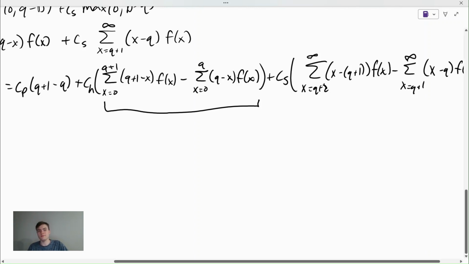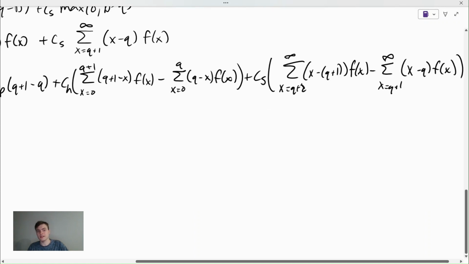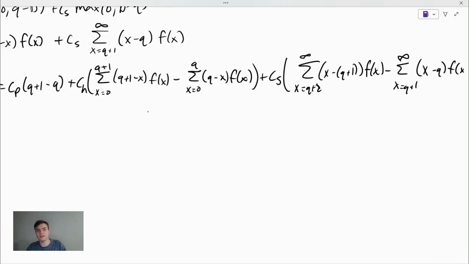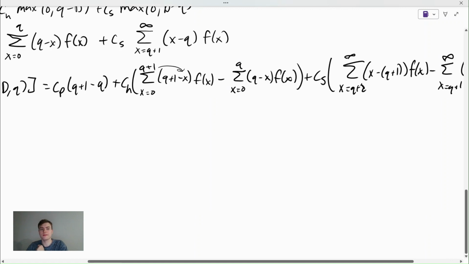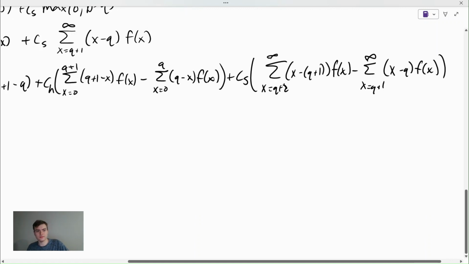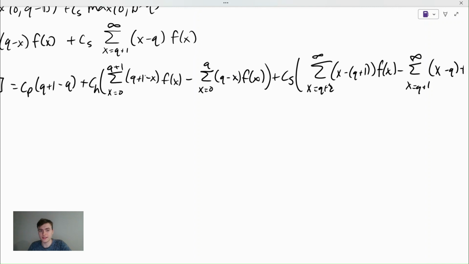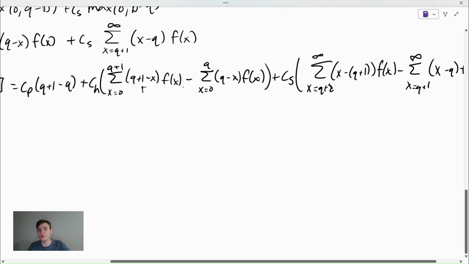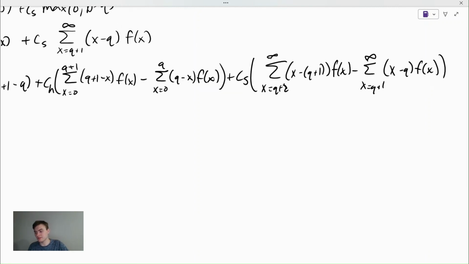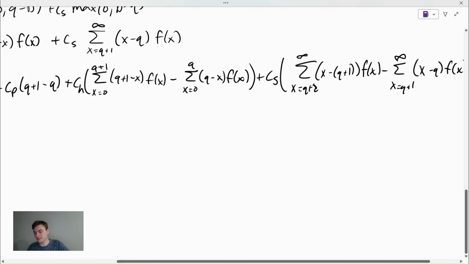So like if you think about factoring and doing out your expression, right? When you plug in q plus 1, that actually comes out to 0, right? So like our difference is just going to be that 1 times f of x summed over x equals 0 to q, right?